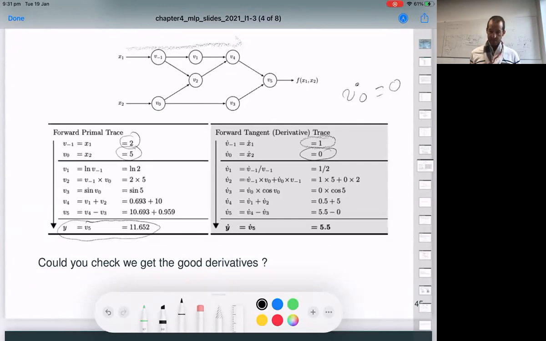Yes. Okay, everybody agrees. And after, v1 dot is equal to v minus 1 dot divided by v minus 1.